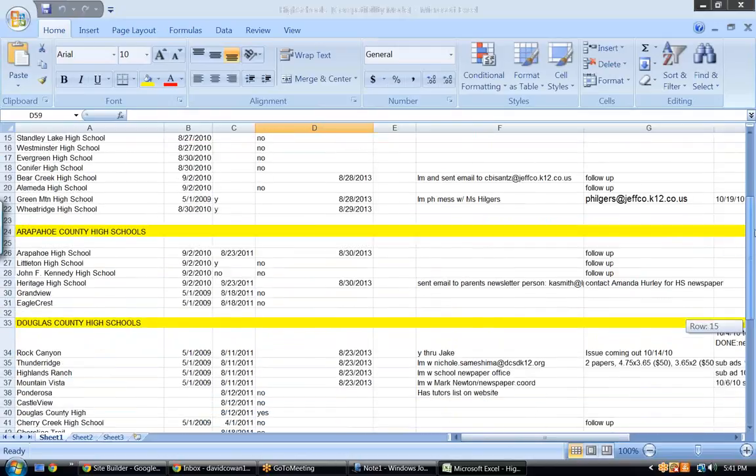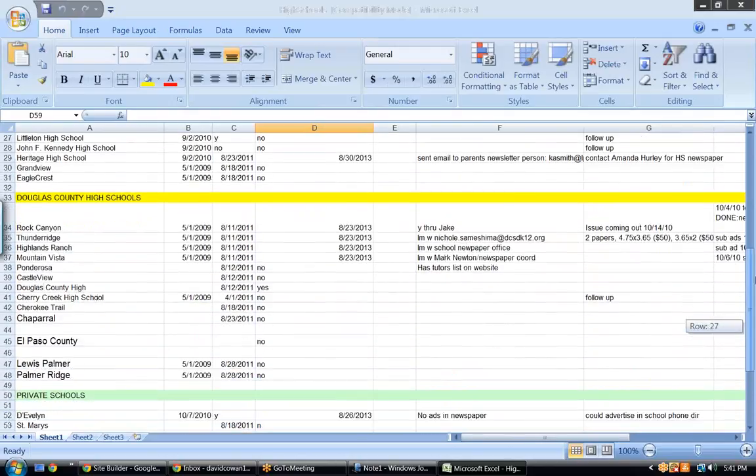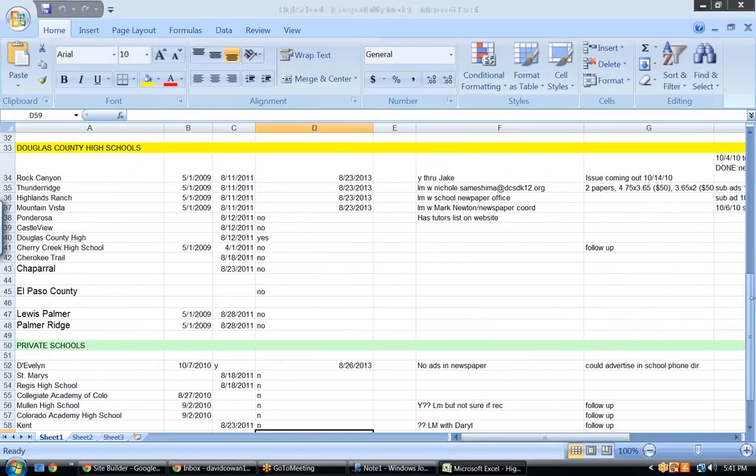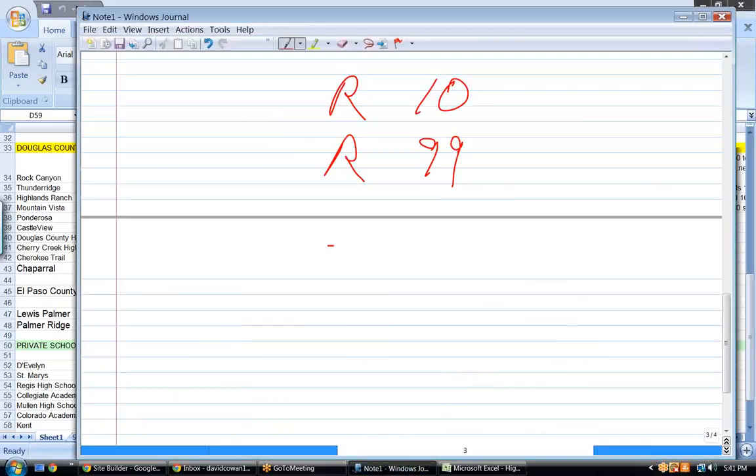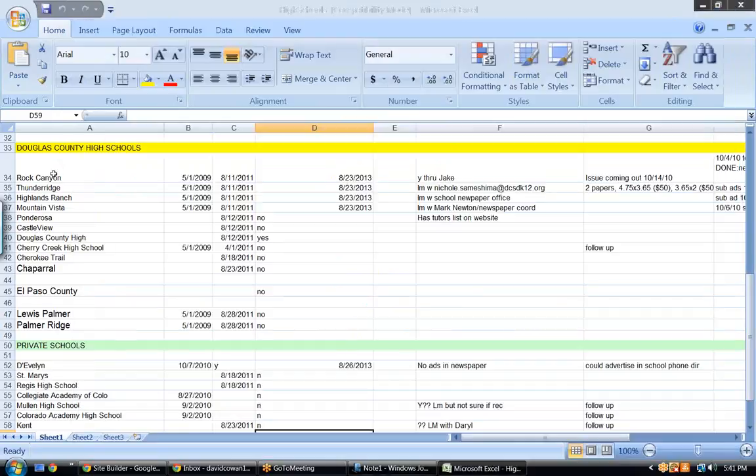If I wanted to know in Douglas County how many schools there are right here, that is, how many rows are there from row 34 to row 43? 9. From 34 to 43. Well, let's count them. 1, 2, 3, 4, 5, 6, 7, 8, 9, 10.